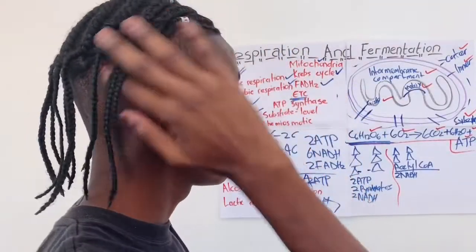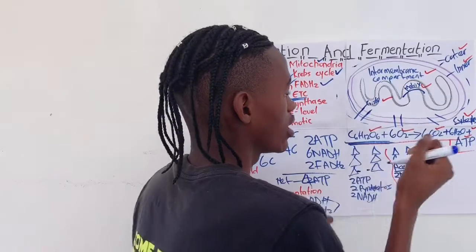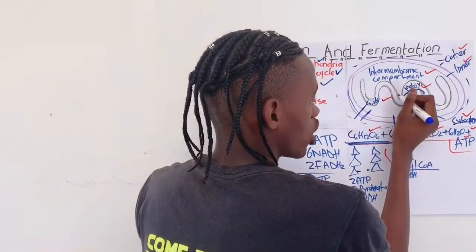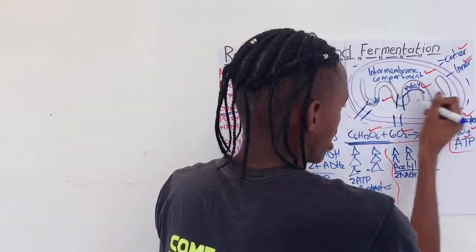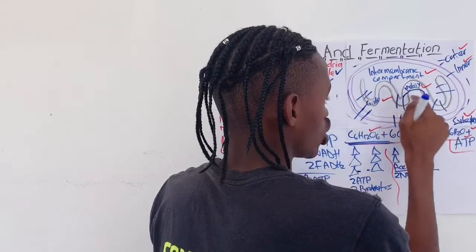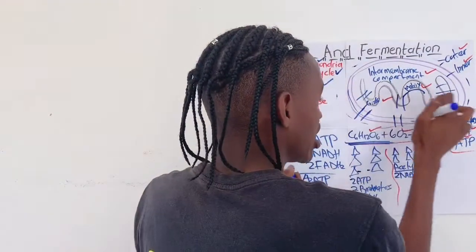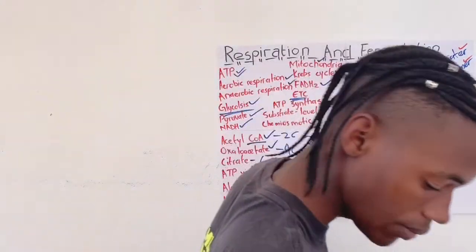Right, one mistake I made, they don't occur on this membrane. The electron transport chain occurs in the inner membrane, right? It occurs in this membrane, not the one that protects the cell, but it occurs in the inner membrane, okay?